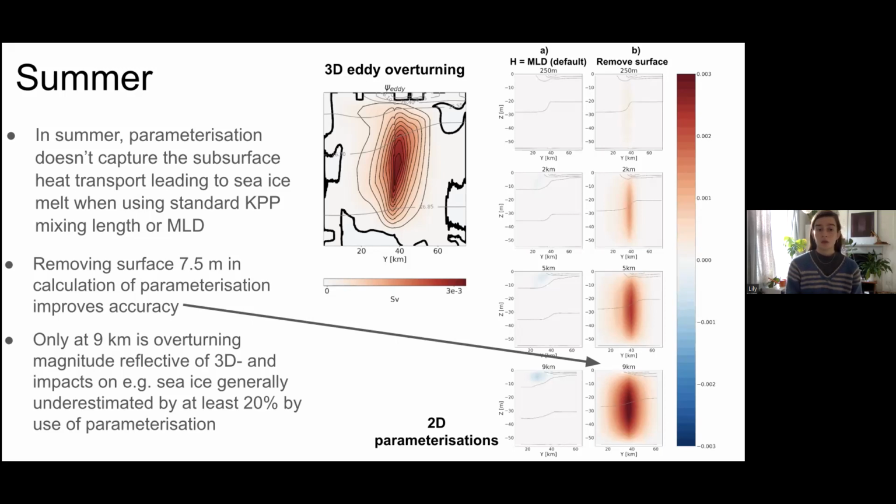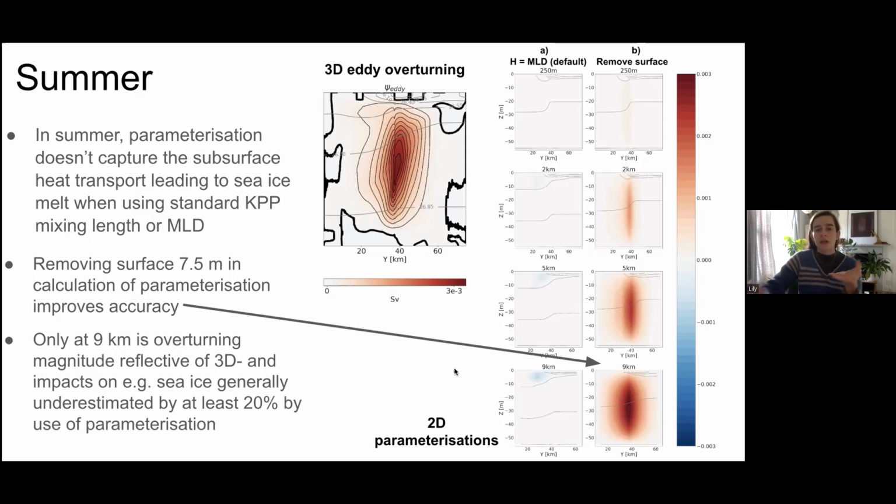So I initially tried using this KPP length and the mixed layer depth within this parameterization at different resolutions. And the result of that is what you see in the left column here. You can see this doesn't represent the eddy overturning that I've seen in the 3D.